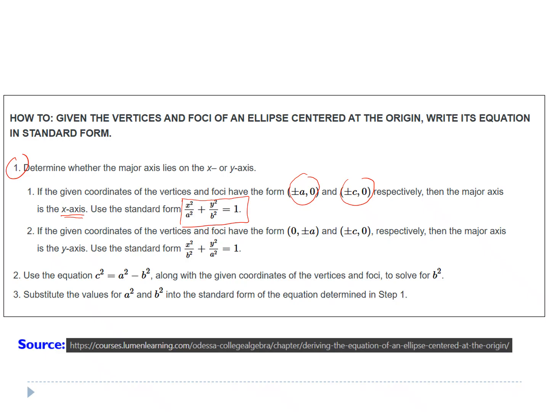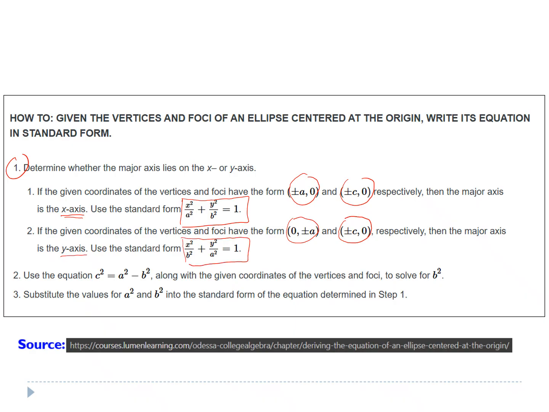x squared over a squared plus y squared over b squared equals 1. If the given coordinates of the vertices and foci have the form something like this, and this one respectively, then the major axis is the y-axis, and we need to use this standard form.